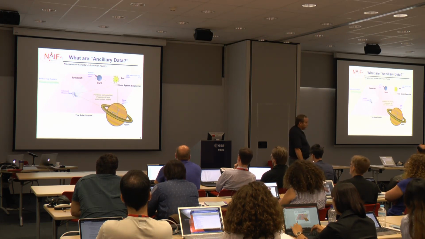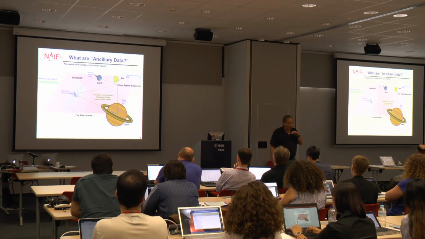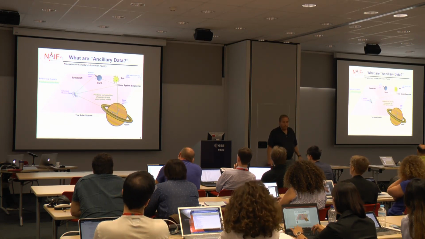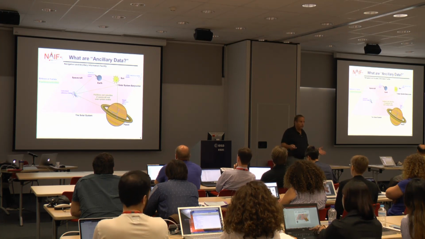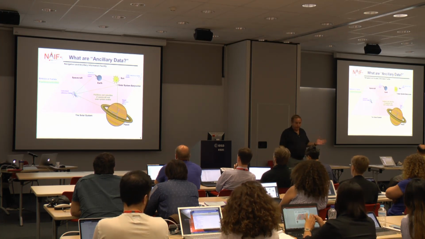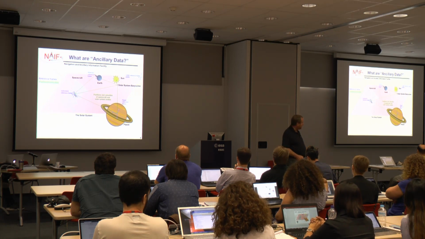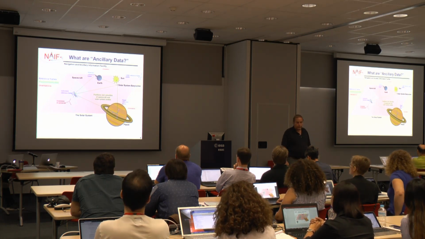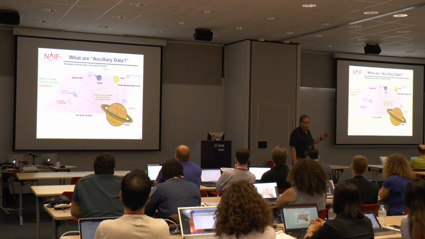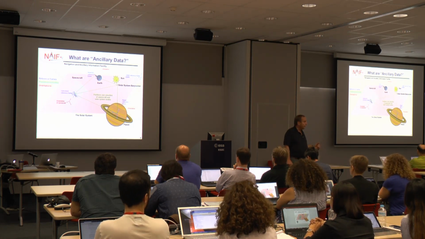Now that we have reference frames, we can define positions and velocities in those reference frames, the position and velocity of any one thing relative to any other thing that's known to SPICE. We can also compute orientations, and that involves both the orientation of natural bodies and of spacecraft.